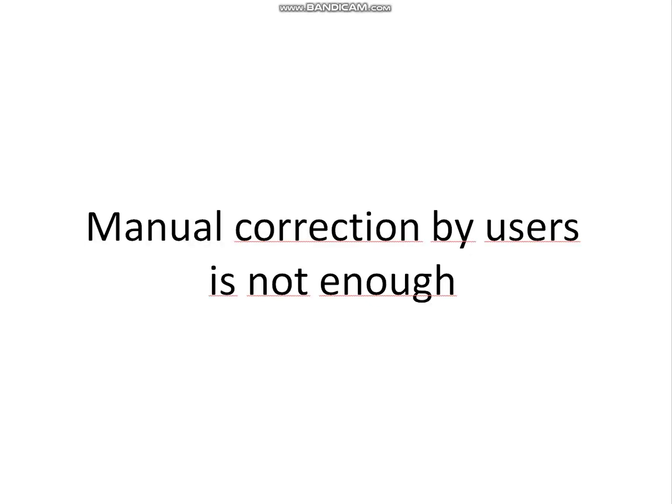So the manual correction by the users is definitely not enough. The system itself, the artificial intelligence, or assuming they have one, that decides which words to pick and how to translate those words, needs to be much better. And that's not something you can fix by individual correction of each case, because there are billions and billions and billions of words on the internet.